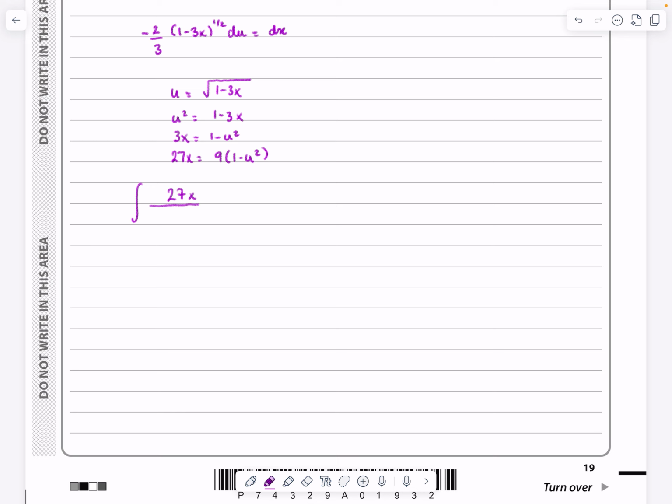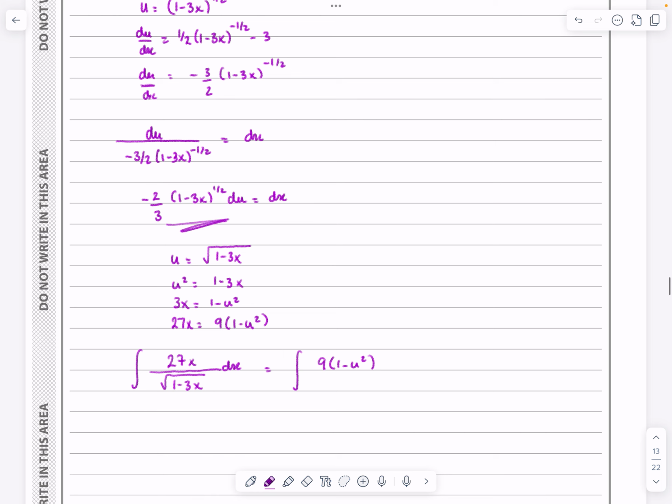We had 27x all over the square root of 1 minus 3x dx, and what I'm saying now is that's the integral of, well, 27x is 9(1 minus u squared), but then just the dx part is here.